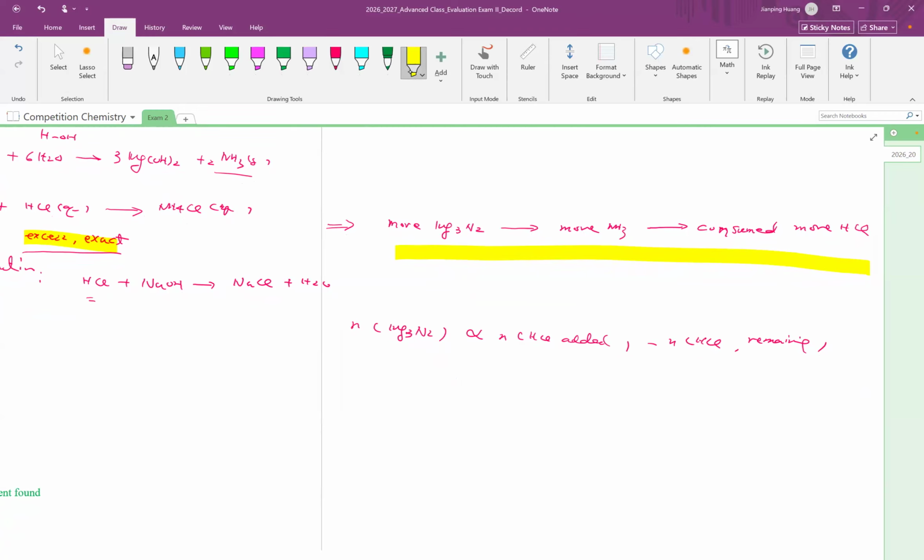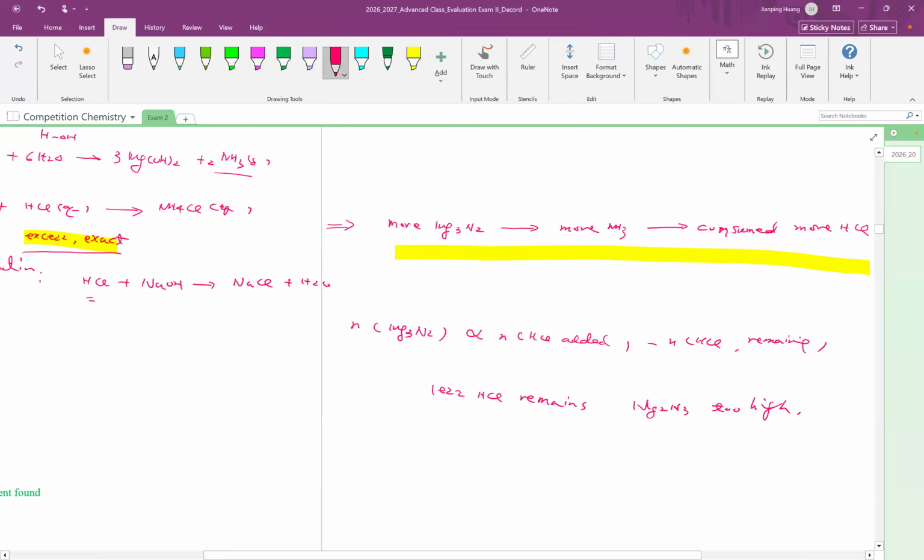Now, the conclusion is that the error that makes the chemist think less HCl remains will make the calculation of that one too high. Clear enough?